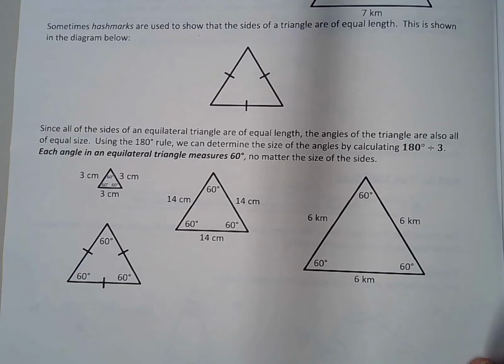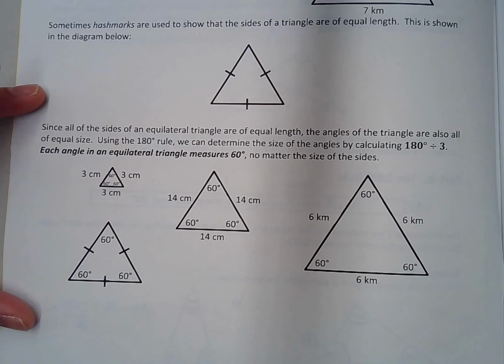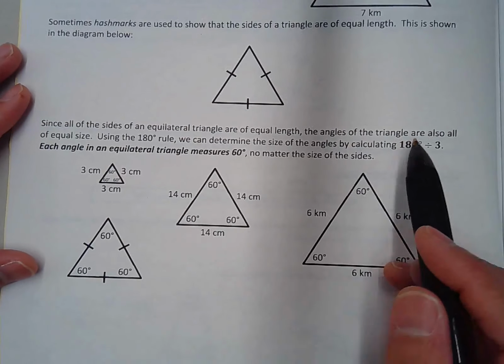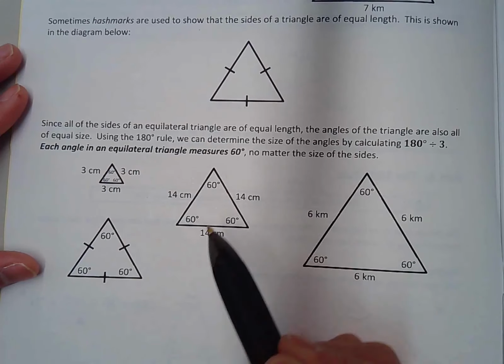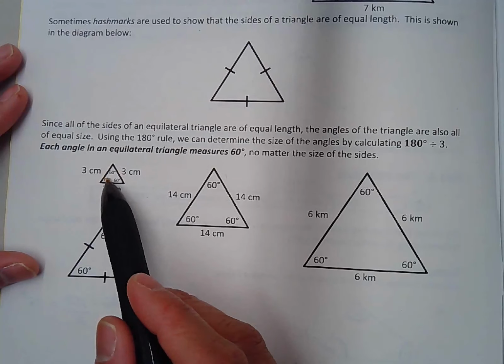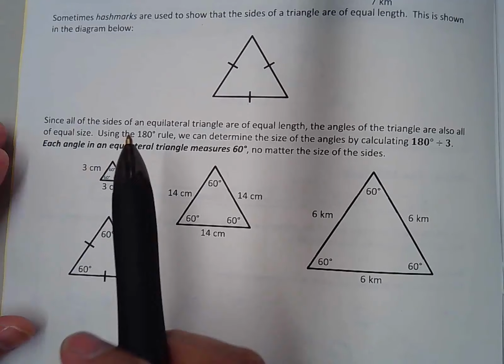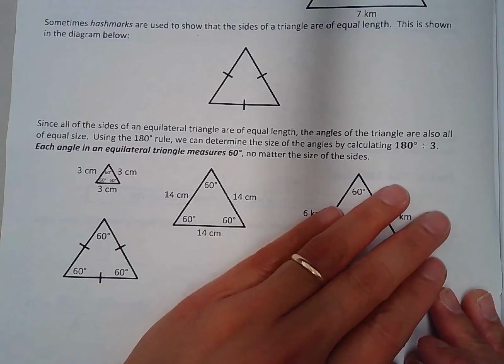So, since all sides are equal, that actually forces the angles to be also equal to each other. So rule 180, so if these are 3, 3, 3, then the angles are going to be forced to be all the same angles. So 60, 60, 60. And where did the 60 come from?